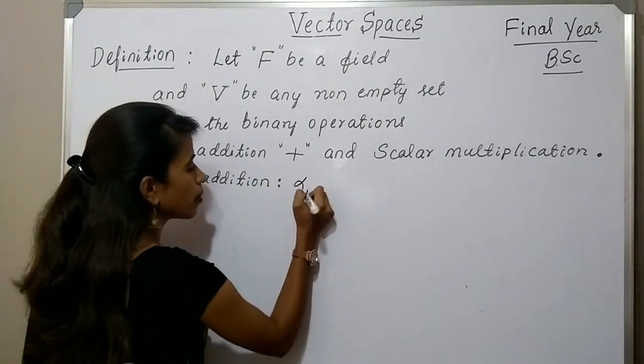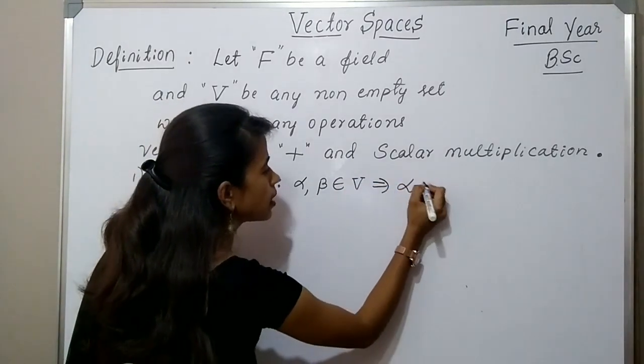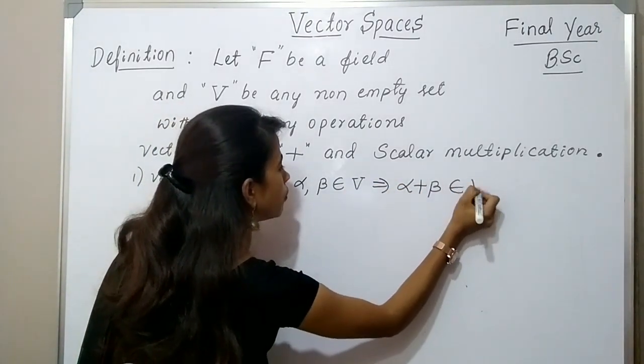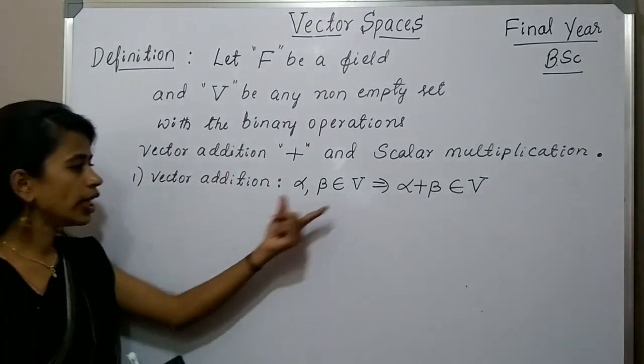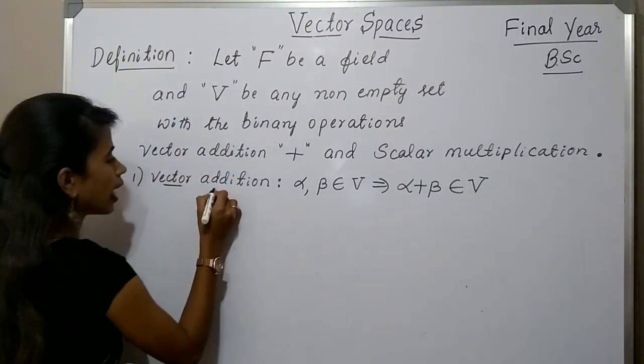So for alpha, beta belongs to V, this implies alpha plus beta is also in V. If I take two elements, their sum also belongs to V, that is vector addition.